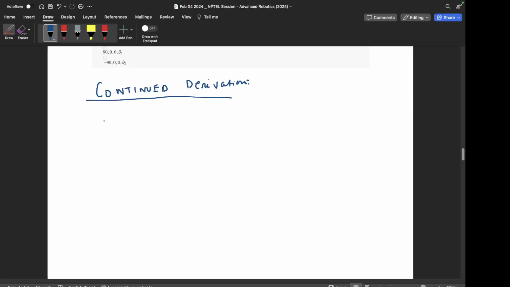So the two new equations which we have are px c1 plus py s1 is equal to L1 plus L2 C2, and minus px S1 plus C1 Py is equal to L2 S2, right? Now what we'll do next is multiply the first equation by Px and the second by Py.